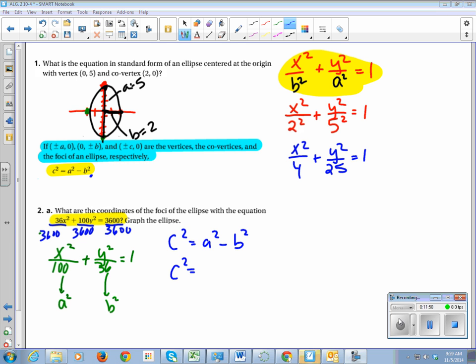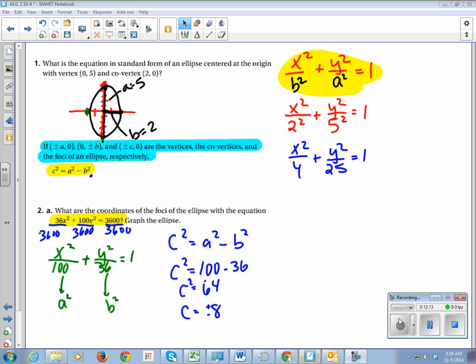A squared is 100. B squared is 36. C squared is equal to 100 minus 36. I happen to know that is 64, because I'm magic. So c is 8. And in fact, it is plus and minus 8.